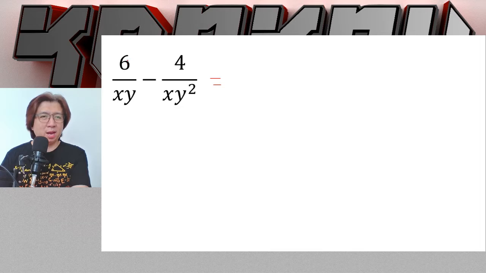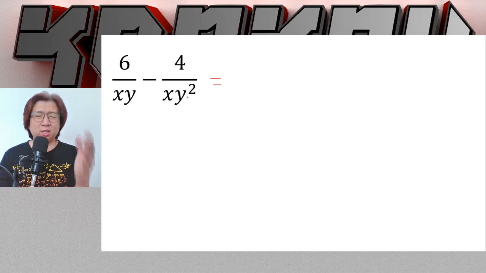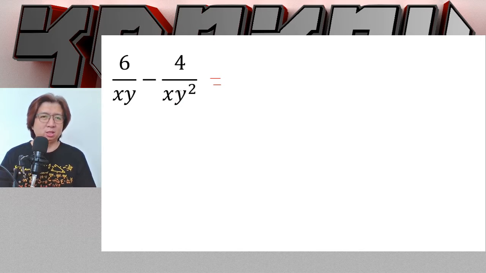Okay, so we have 6 all over xy minus 4 all over xy squared. Now notice that they are not the same. They do not have the same denominator. So this one is y squared and this one is y. So what are we going to do with this?